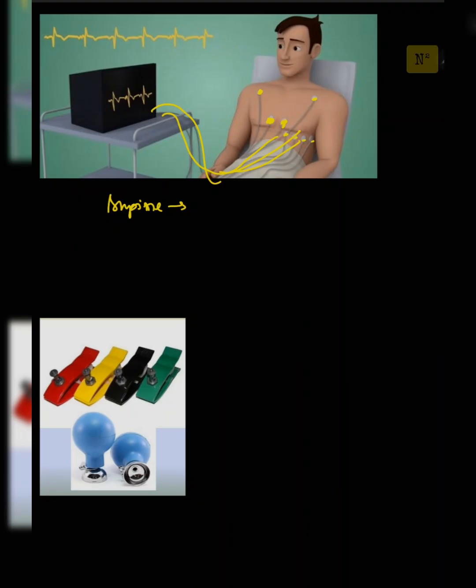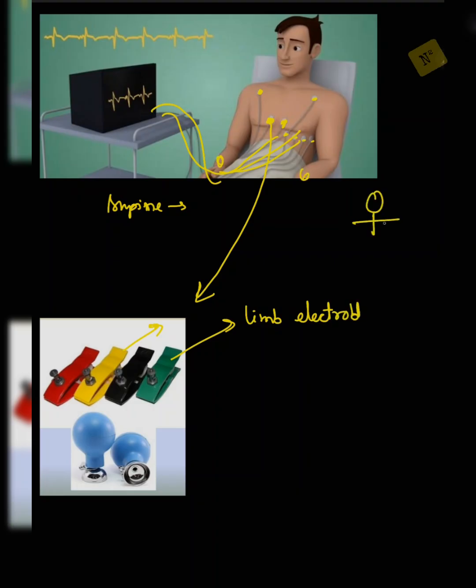So these electrodes are the limb electrodes, which are attached on the limbs. We have 4 electrodes, and they have some designation.